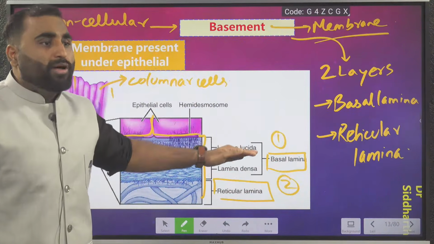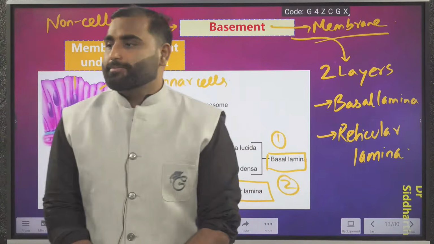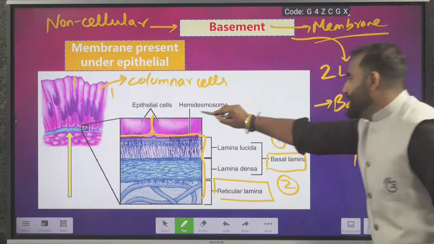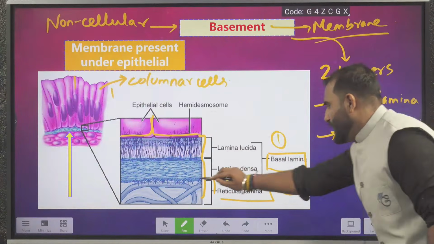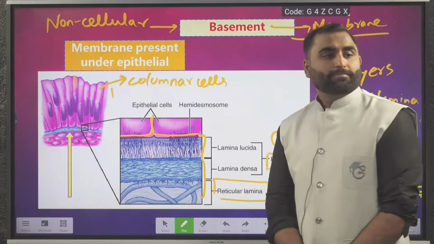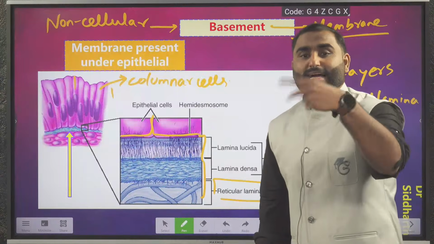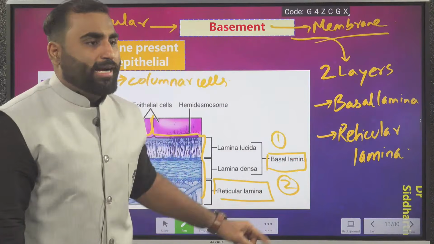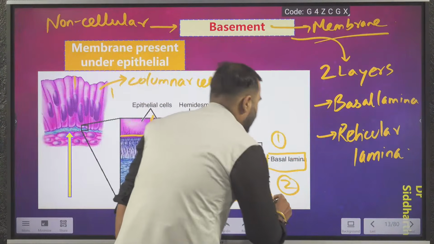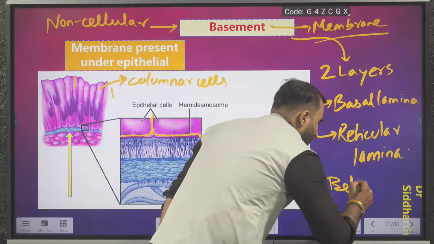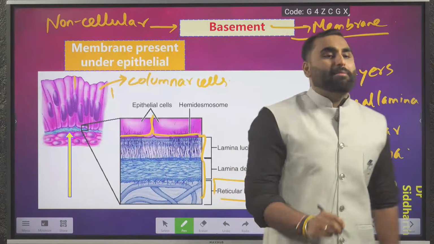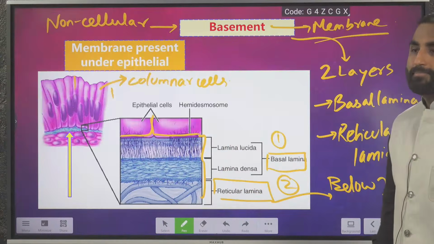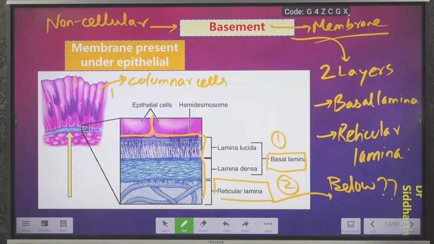Is the basal lamina near the epithelial cells or is the reticular lamina? And my second question: what will be below the reticular lamina?